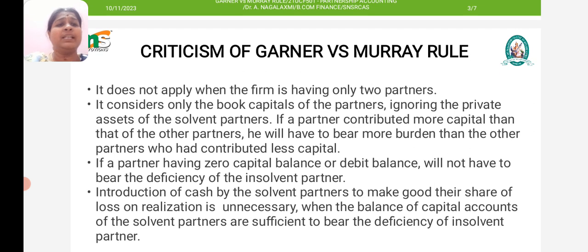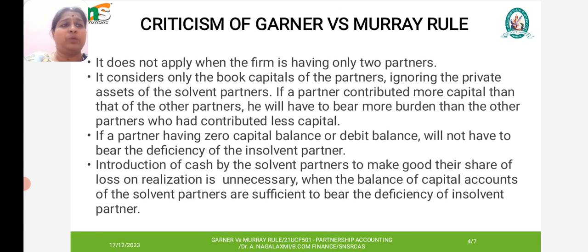There are some criticisms of the Garner versus Murray rule. See, for everything there will be a negative part, there will be disadvantages and there will be criticism. The same thing applies for the Garner versus Murray rule. It does not apply when the firm has only two partners. So there is a check.